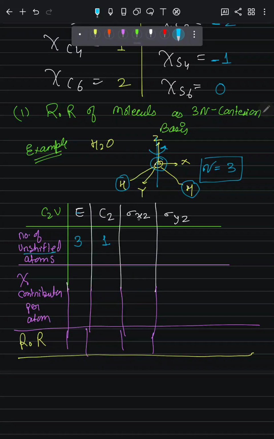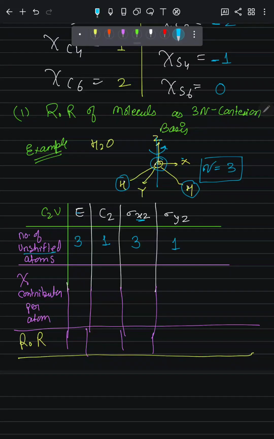And after putting a sigma xz plane, according to this graph, the number of unshifted atoms will be 3 for the molecular plane, and for the other plane 1. Why 1?